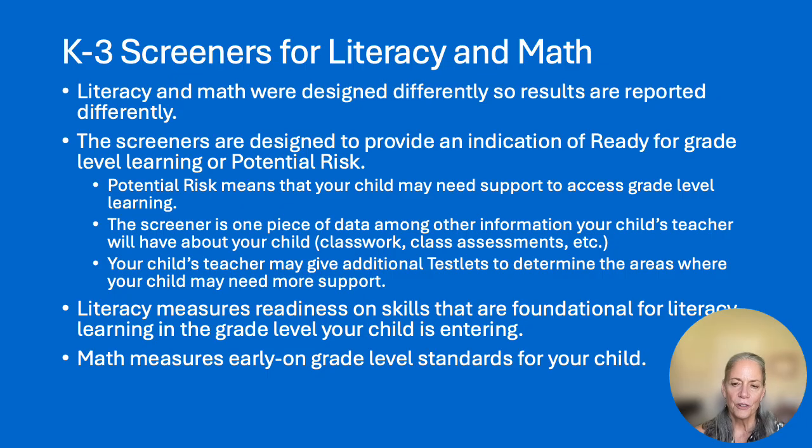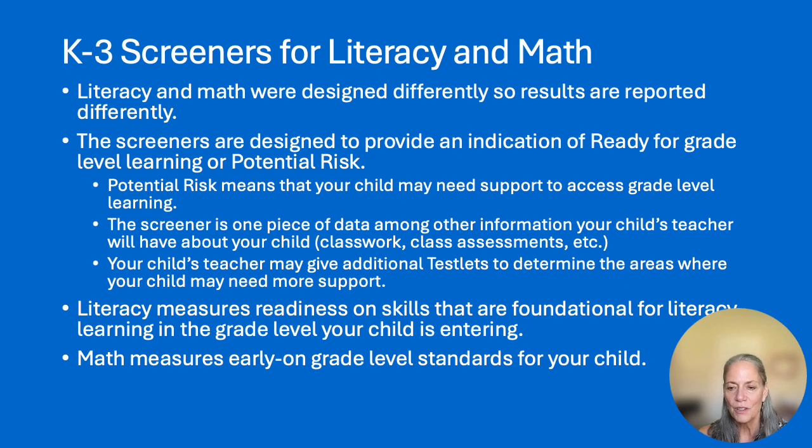These two screeners are designed a little differently, so the results are also reported a little differently. First, overall, the screeners are designed to provide an indication of whether your student is ready for grade level learning or at potential risk of needing additional support to access grade level learning. And this could mean that your child may not have had exposure to some of this or opportunity to learn, or that they're experiencing some difficulties with anything that they have had the opportunity to learn.